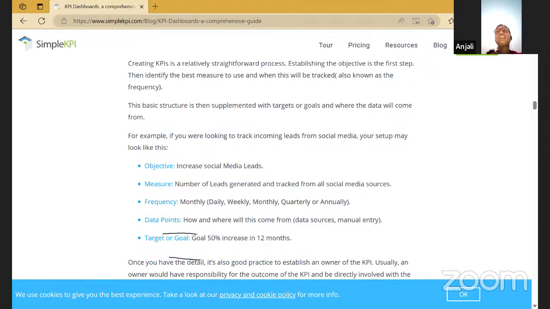And in the frequency measure we can simply do the survey on a daily, weekly, monthly or yearly basis. And data points will be, from the objective and measure sections, we can evaluate them on the basis of their work, and then put their work in terms of an indicator. For example, we can create a rating system of how a particular employee is working in our institution or company.